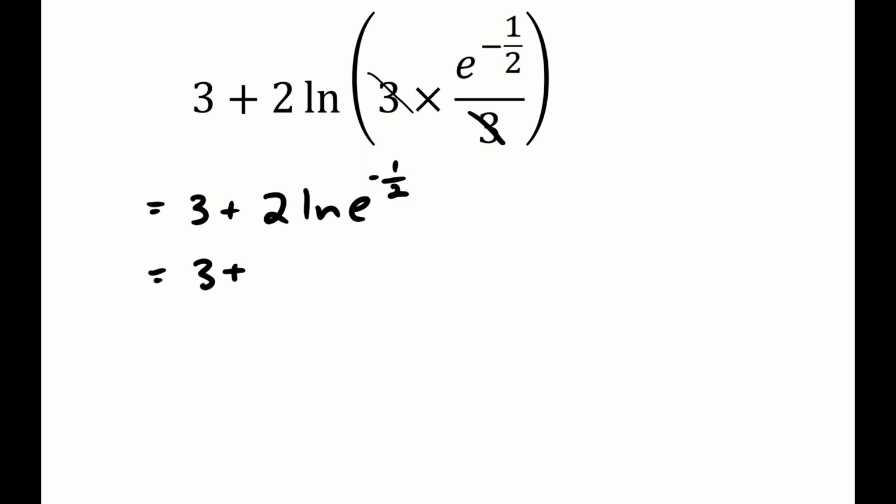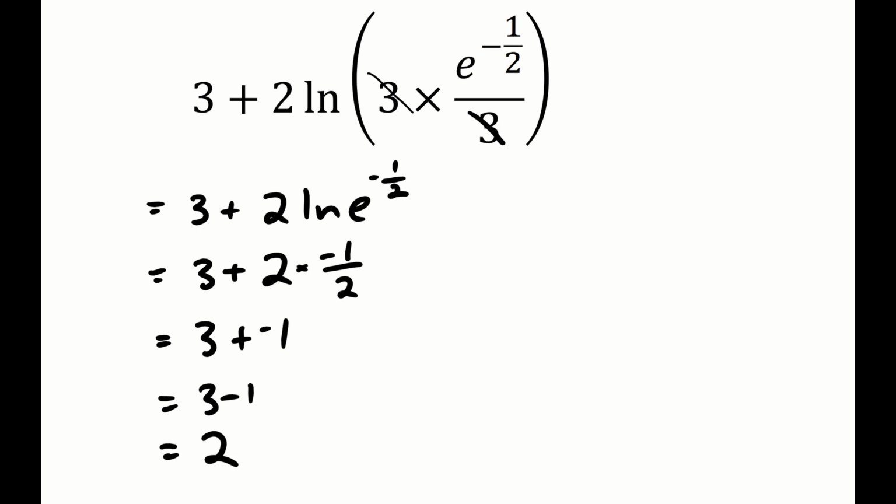Again, I know that natural log and e are inverse operations, so it'll be 2 times negative a half. Once they cancel, again left with 3 plus 2 times negative a half is negative 1, or really 3 subtract 1 to give me 2. Okay, so good luck with the rest of those types of problems.